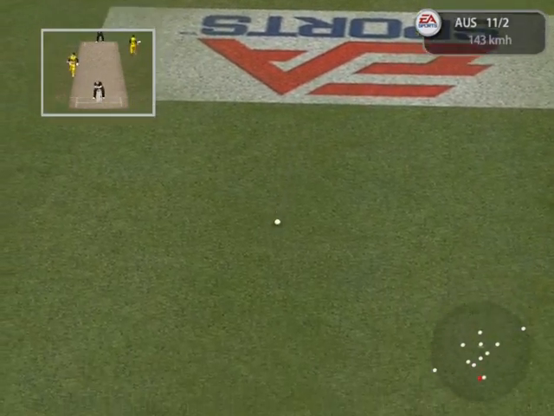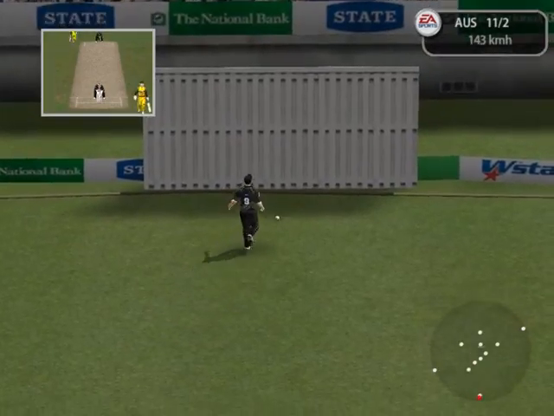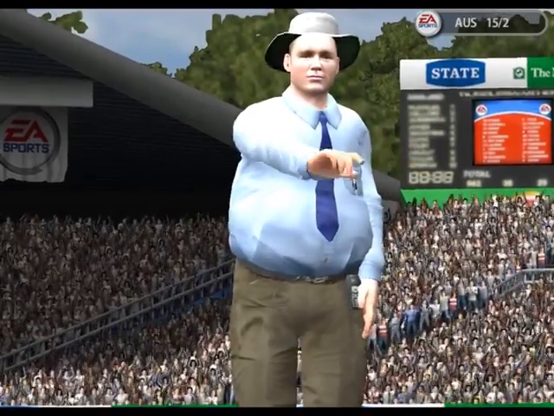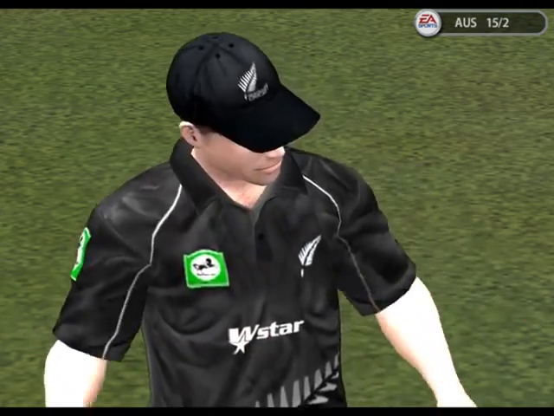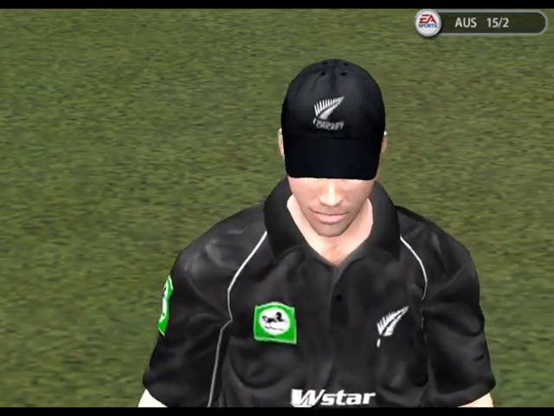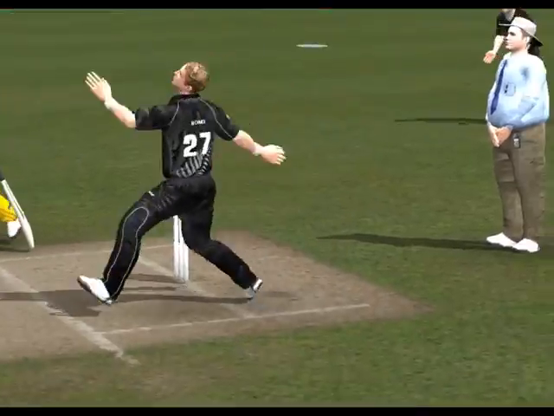He's got it into the gap. That's racing away to the boundary. He found the gap with precision. He picked that ball up beautifully. The bowler will have to be careful not to put the ball in that area again. We can have a look at that again.